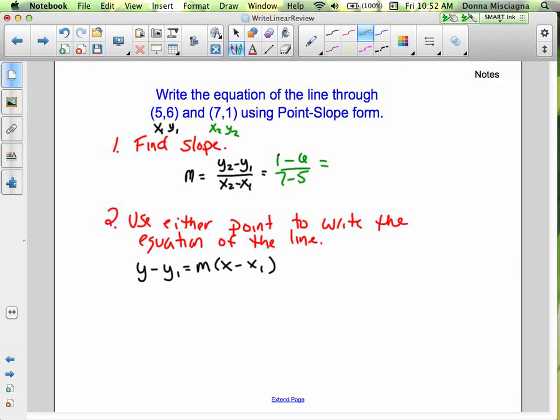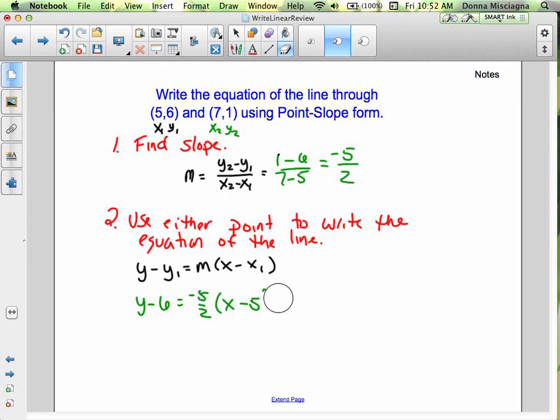So we'll subtract here. We have negative 5 divided by 2. That's our slope. We can use either point to write the equation of the line, so I'm actually going to write both equations. This one's in your notes, and if I use (5, 6), I've got y minus 6 equals negative 5/2 times (x minus 5).